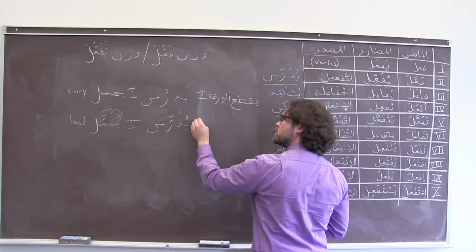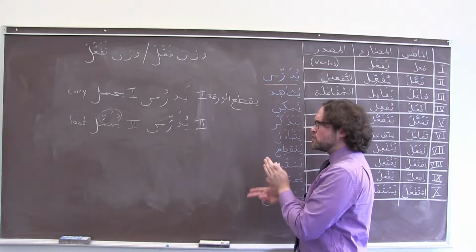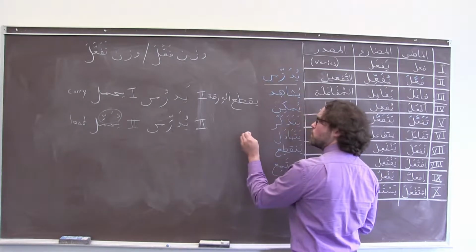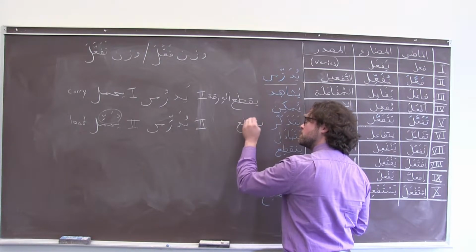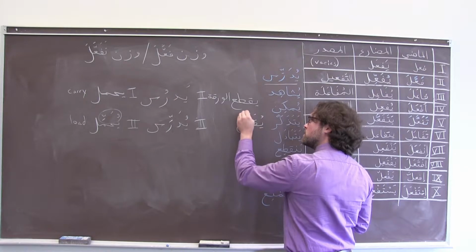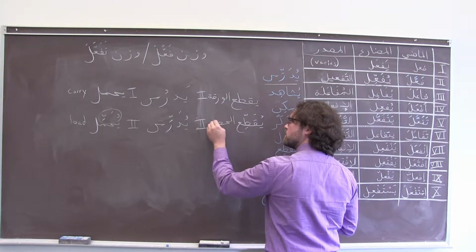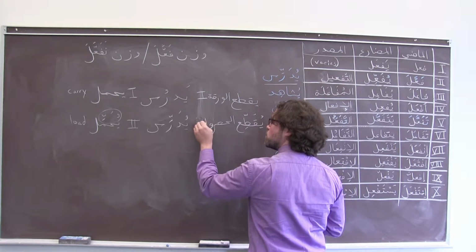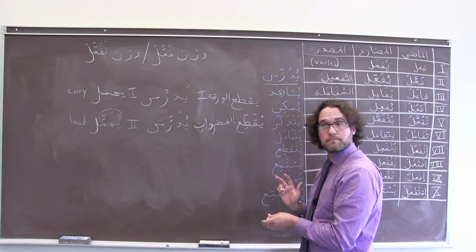But in form 2, it has a slightly different, more specific meaning of chopping something up into little bits. So in form 2, we might say yuqatti' al-khadrawat. I'm running out of room here. Khadrawat. He cuts up the vegetables to make dinner.